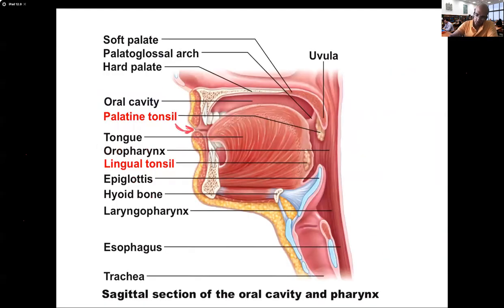And the oral cavity, along with the pharynx and esophagus, will have a special type of epithelial lining. It's going to be the non-keratinized stratified squamous epithelium.